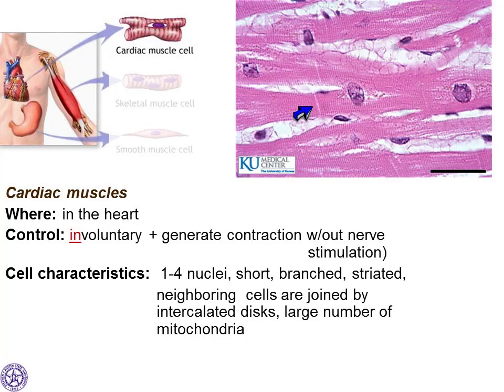And there's only slight differences that we see. Now, one big difference. In cardiac muscle, they're involuntary. Whereas skeletal muscle, they're mostly voluntary muscles. Now, we do have some skeletal muscles that are involuntarily controlled, right? We've already talked about that. The diaphragm, the muscles of your eye that cause you to blink.